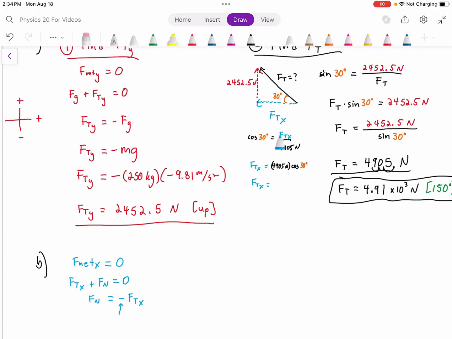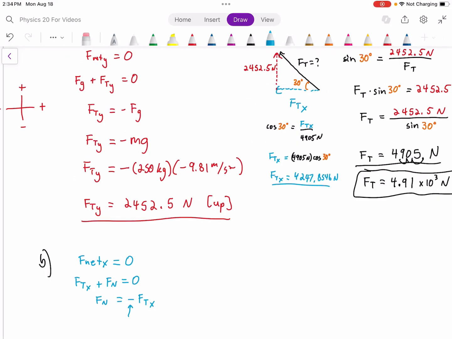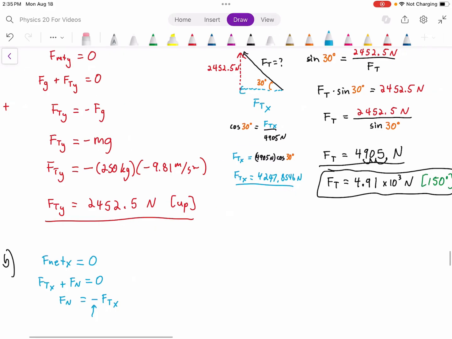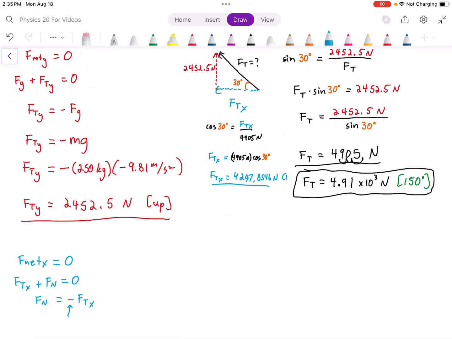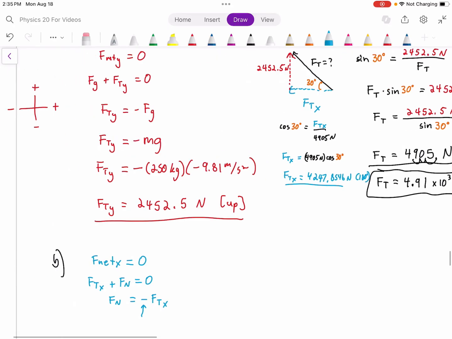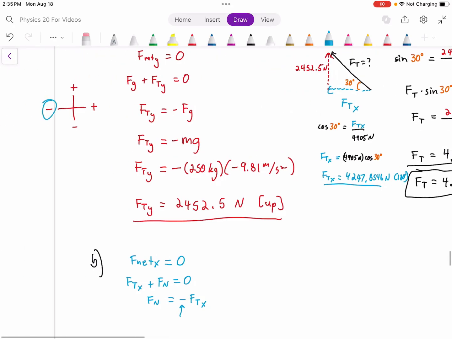So just using cosine in this case, you've actually got options. You could use tan. You could even use Pythagorean theorem since you know two sides. But I got that the x component would need to be 4247.8546 newtons. Now that's to the left side there, right? That's towards 180, which don't forget, we're calling negative in the x-axis.